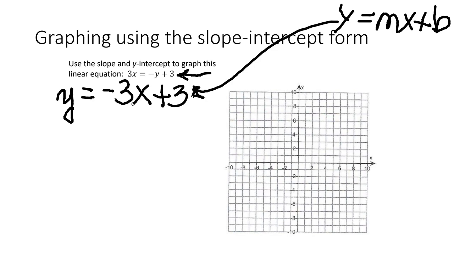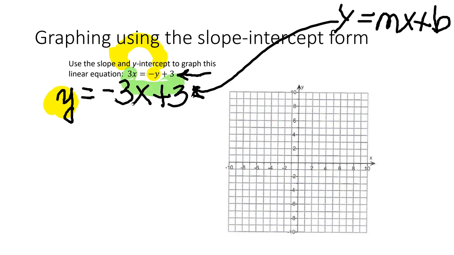It's got to be in this form, y equals. The negative y, I moved to the other side of the equal sign. This negative 3x came from the fact that I moved the positive 3x from the left side over to this side.